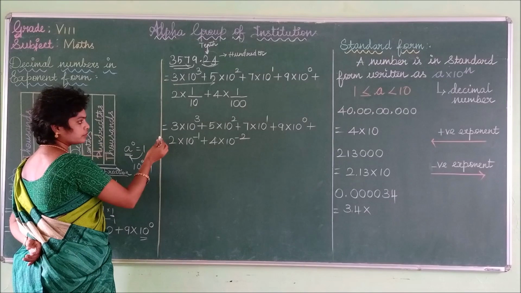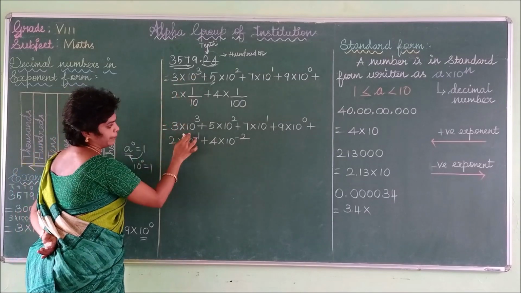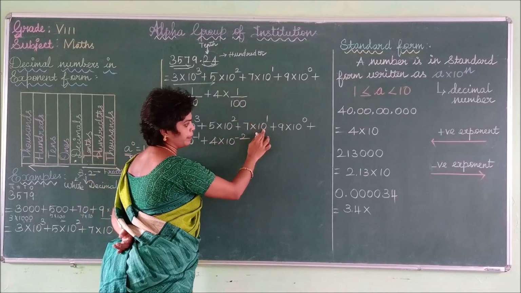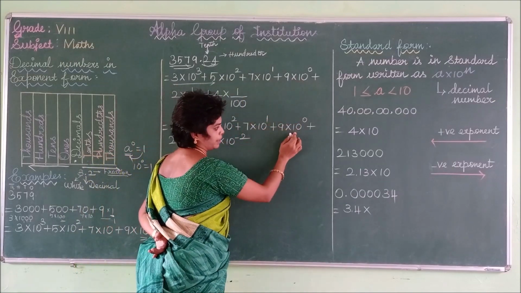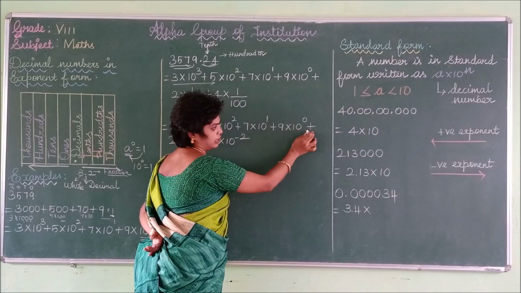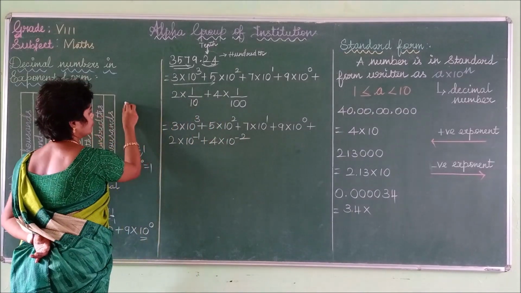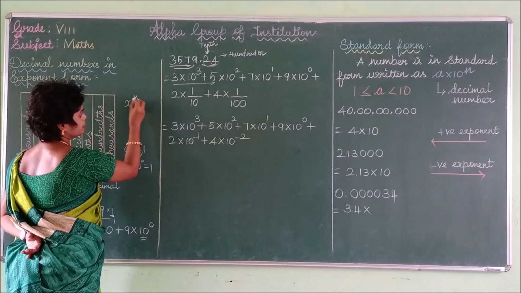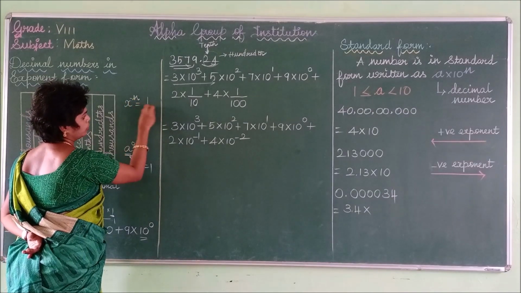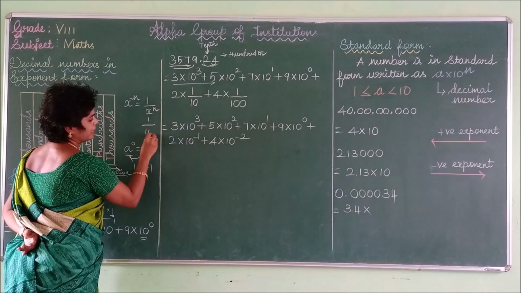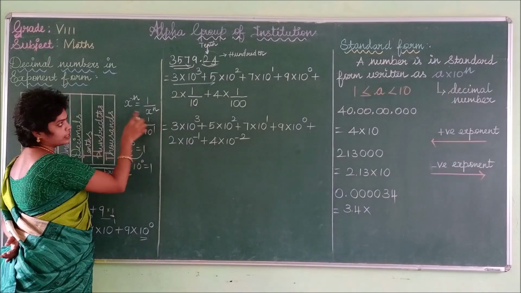So listen: 3 into 10 power 3 plus 5 into 10 power 2 plus 7 into 10 power 1 plus 9 into 10 power 0. Then again, after the decimal place it will be changed. You know one formula, x power minus n equals 1 by x power n. So this is in the form of 1 divided by 10 power 1. What is the x here?